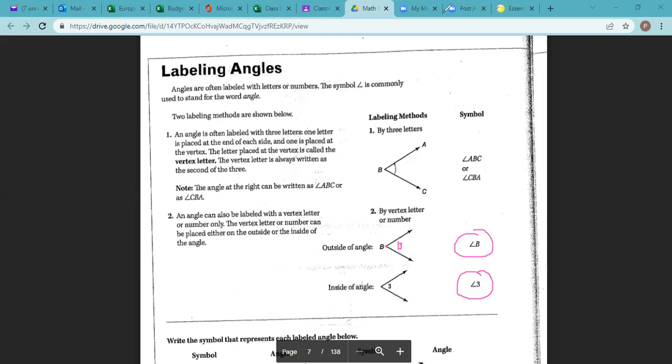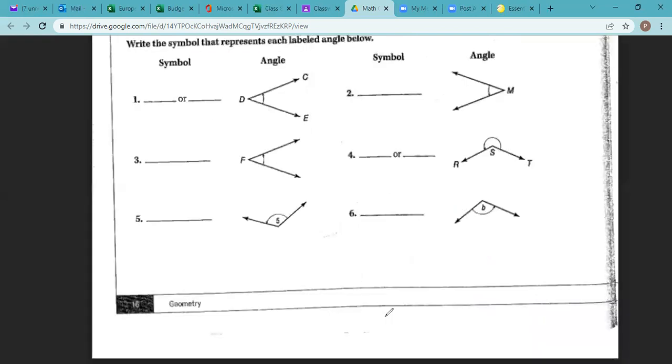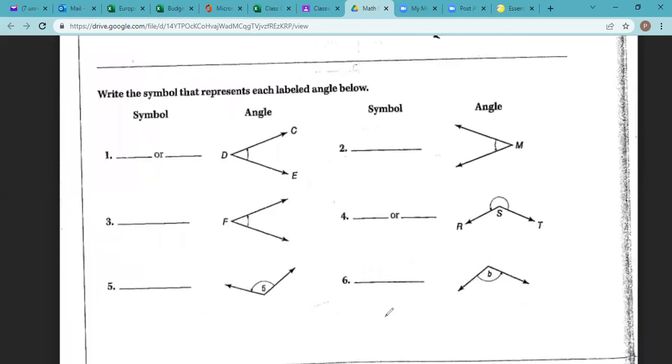Let's get a little practice with this. Number 1. We have the angle right here, and we can go by 2 different names. When you do this, you always need to start out with your symbol. So this for number 1 would be angle CDE, because we need that D to be in the middle.